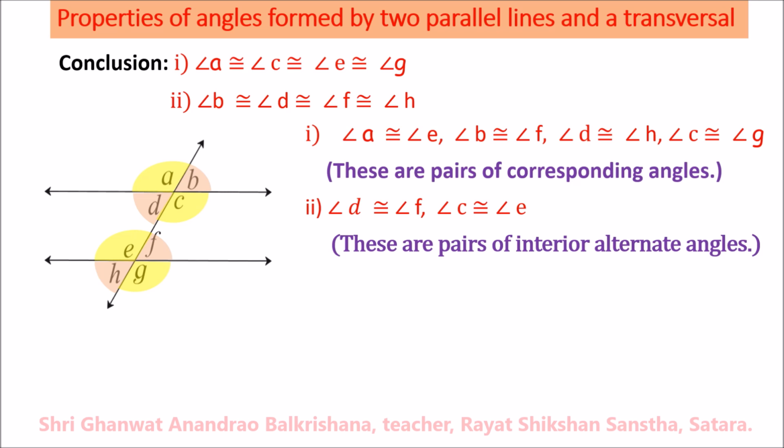Since angle A is congruent with angle G, and angle B is congruent with angle H, we conclude that when two parallel lines are intersected by a transversal, each pair of the exterior alternate angles are also congruent.